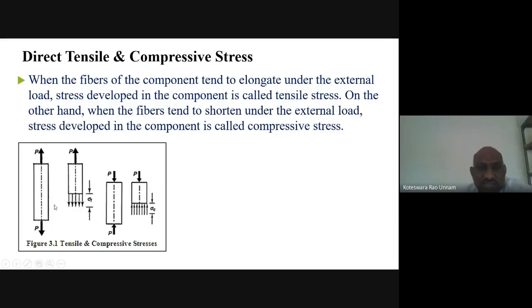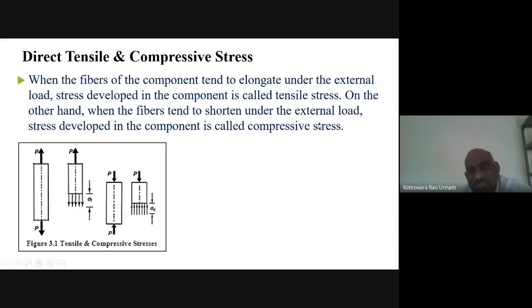In both cases, whether tensile stress or compressive stress, both are normal stresses only, and the magnitude of stress is load divided by area. In this diagram, the load applied is P. The resisting area, the normal resisting area, means the area perpendicular to this load.